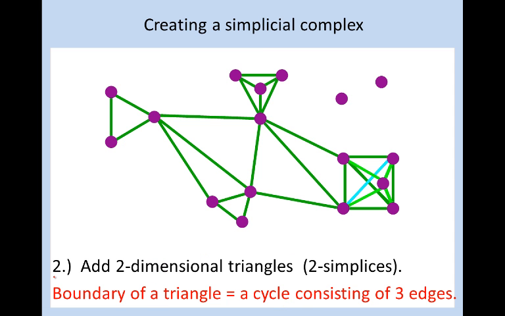In step 2, we add two-dimensional, 2 simplices. But again, the boundary of our 2 simplex, in this case, is a cycle consisting of 3 edges. So in order to fill in a triangle, these 3 edges must exist.